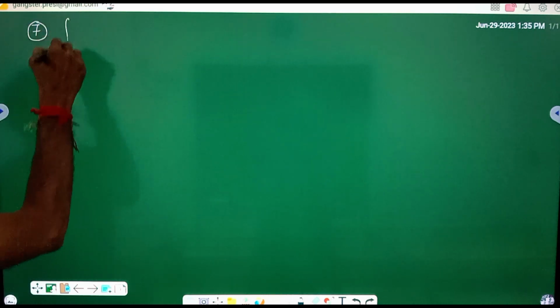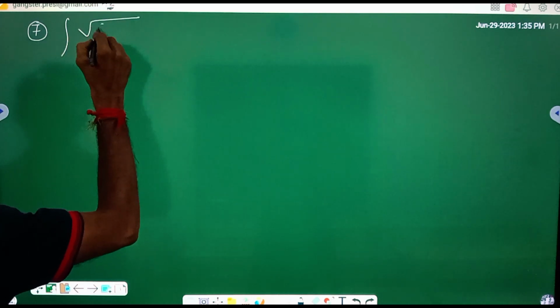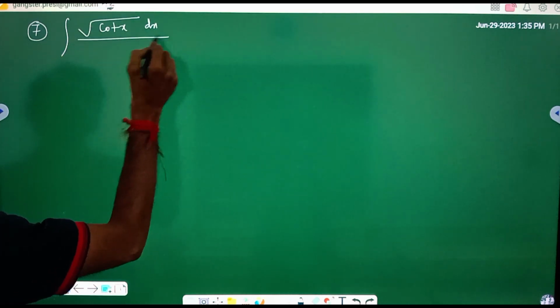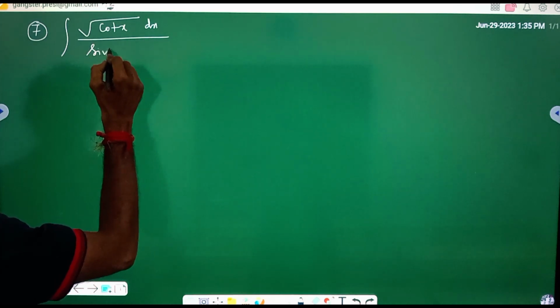Next, a very good problem, seventh. So our problem number 7 is integration of root under cot x dx divided by sin x into cos x.